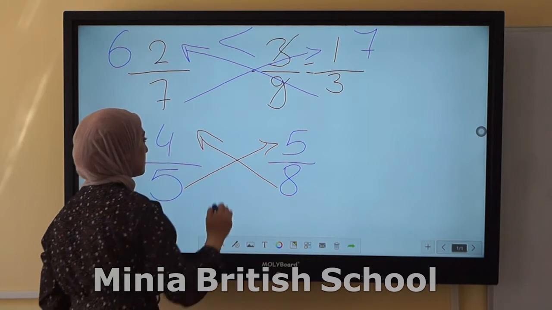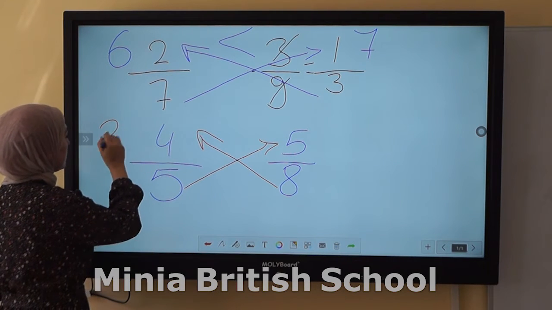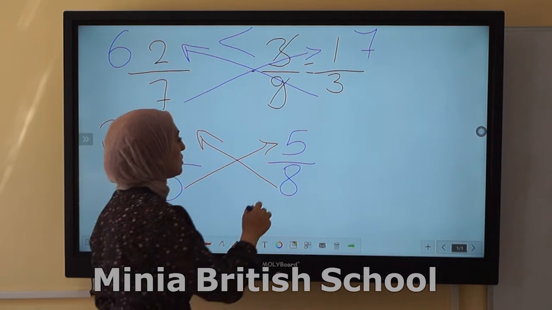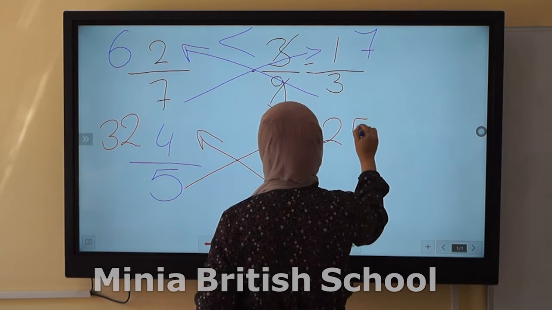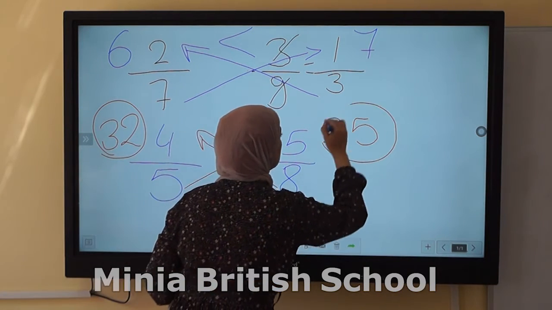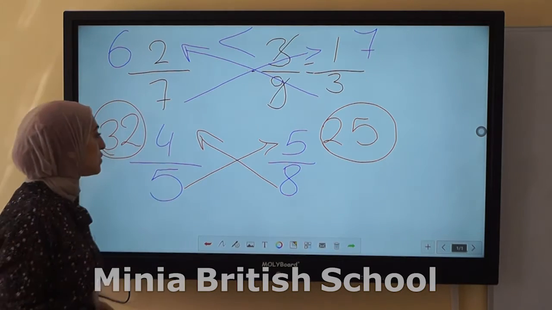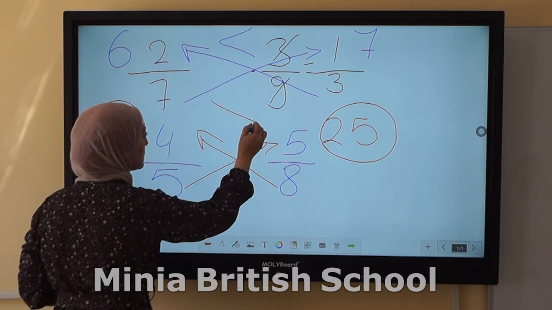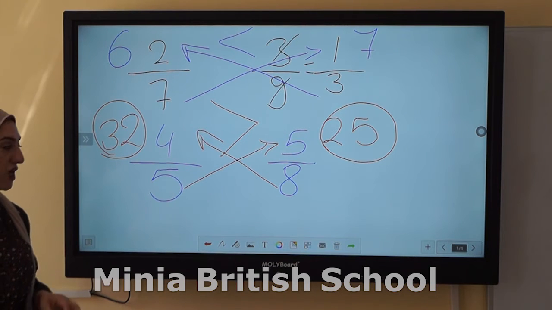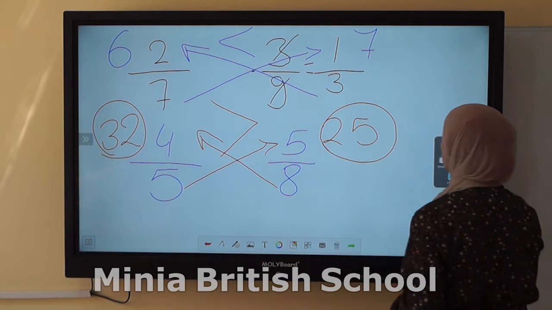I make scissors. 8 times 4 equals 32. And 5 times 5 equals 25. So, which one is the greatest? 32 is greater than 25, so 4 over 5 is greater than 5 over 8. Okay? I think it's very, very simple.